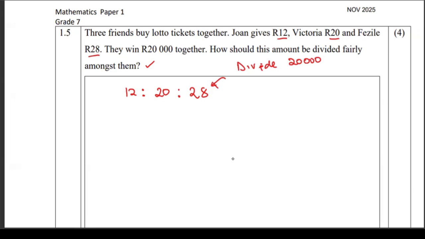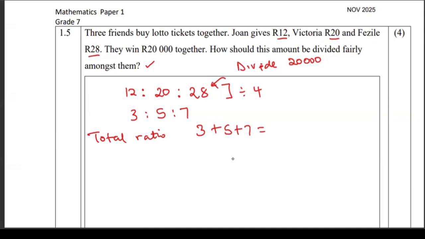But if I were to simplify it, I'd divide through by 4 because I see 4 is common, and then I'll have 3, 5, and 7. Then the total ratio is 3 plus 5 plus 7, which gives us 15.